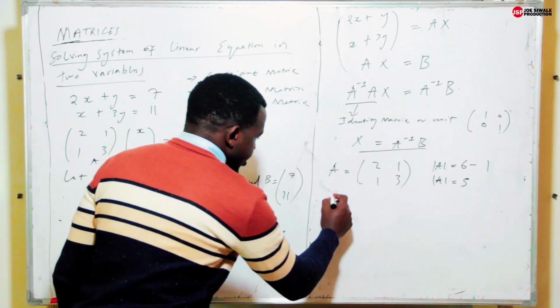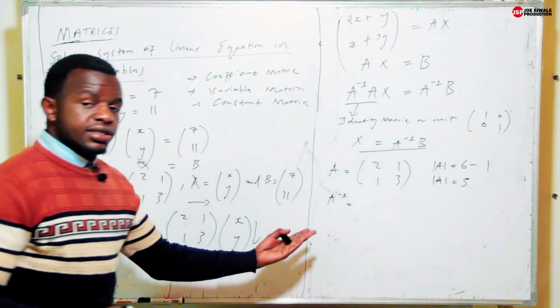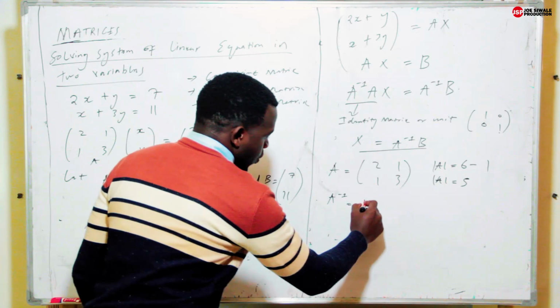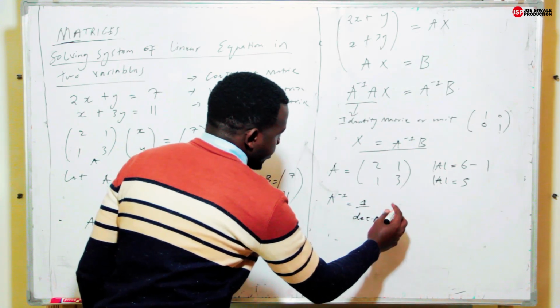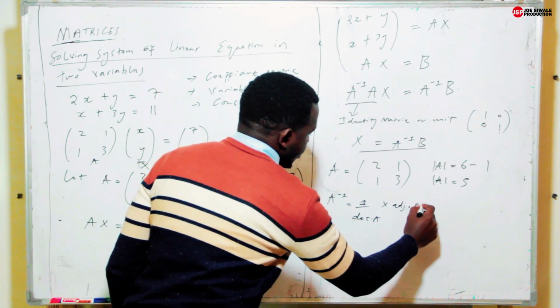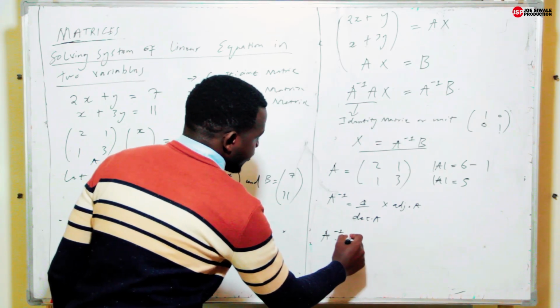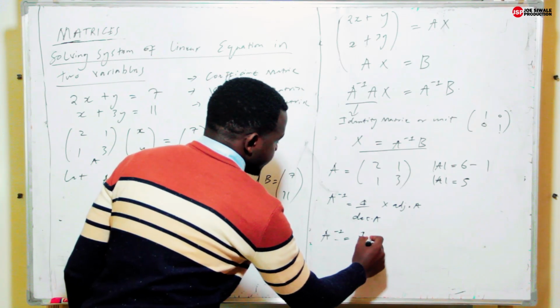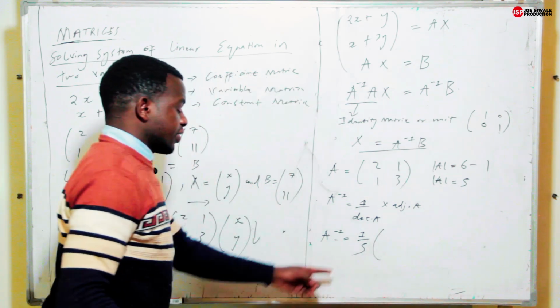And for us to calculate the inverse, we use this simple formula. You say 1 divided by the determinant of A multiplied by the adjoint matrix of A. So we have the inverse of A is equal to 1 divided by 5, since our determinant is 5.